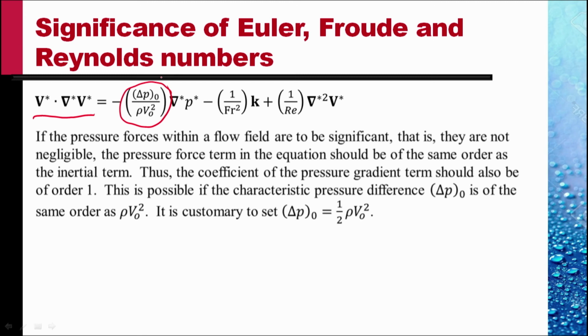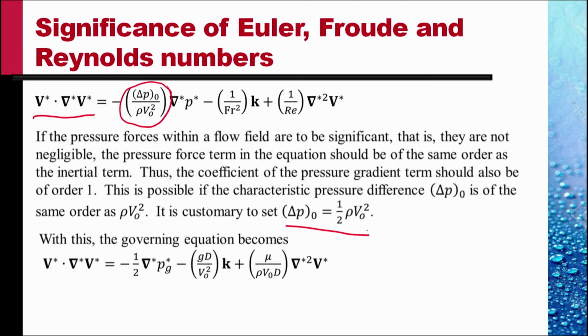And so we set customarily delta P naught is equal to 1/2 rho V naught square. And with this, the equation that governs the fluid flow becomes this. Now there are only two parameters there.